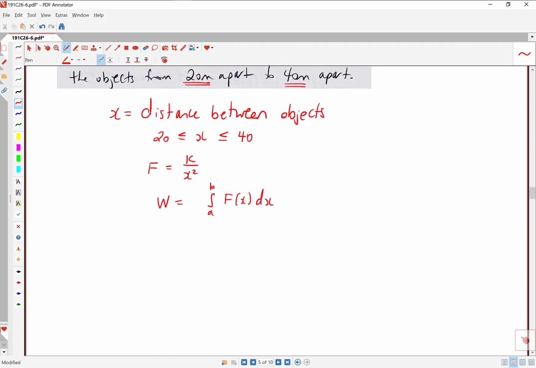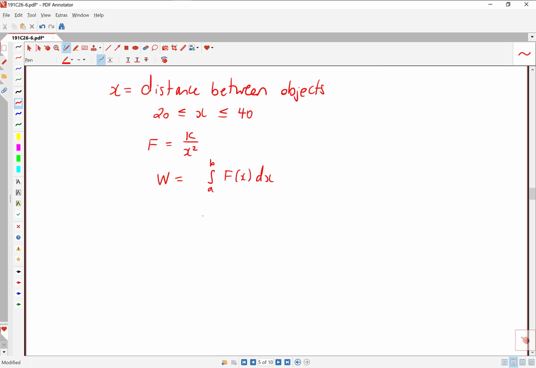So let's plug everything in and we'll have our work. So integrating from 20 to 40, what we're integrating, k over x squared. So if you like, you might want to rewrite that as k x to the negative 2, just to make the integration go a little more smoothly, times dx. And then let's integrate.